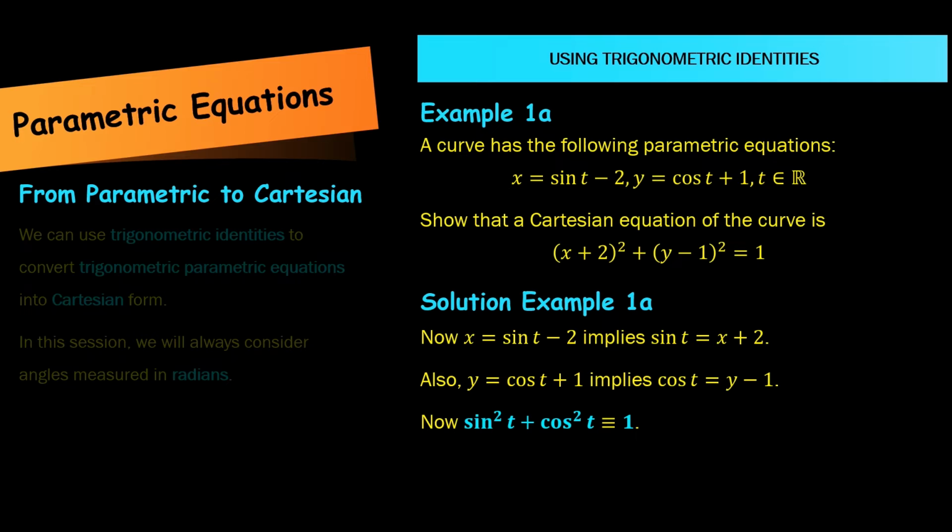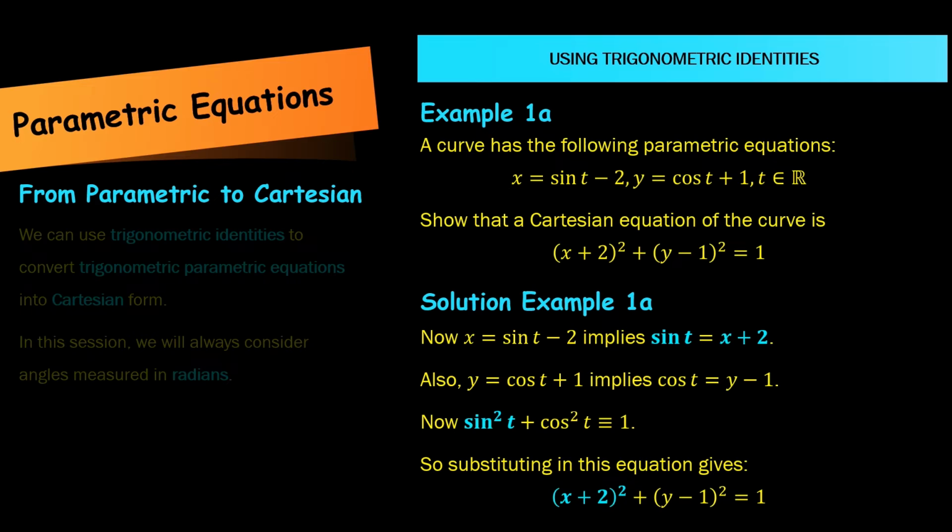And so we can now plug in the values of sine and cos in our example into this identity, as shown, to give x plus 2 all squared, here of course sine t has been replaced by x plus 2, plus y minus 1 all squared, and here of course cos t has been replaced by y minus 1. And so we have that x plus 2 all squared plus y minus 1 all squared is equal to 1. And therefore we've solved part A.